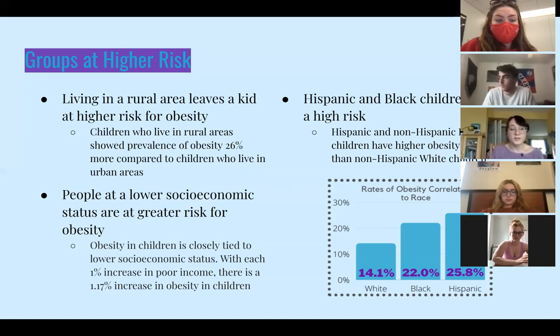Obesity in children is closely tied to socioeconomic status, with each 1% increase in poor income, the rate of obesity goes up by 1.17%. And then the last group at risk is Hispanic and Black children. Hispanic and non-Hispanic Black children have higher obesity rates than non-Hispanic white children.